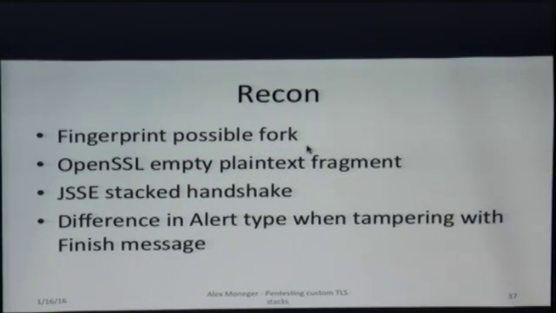The finished message, as I said, was a hash of all the previous packets, but it's got a small header, about 5 bytes, which is basically a handshake header. When you tamper with that, you will get a different alert message depending on the stack from time to time. So there's probably more research to be done in this space, but I think it's stuff which can definitely be done.